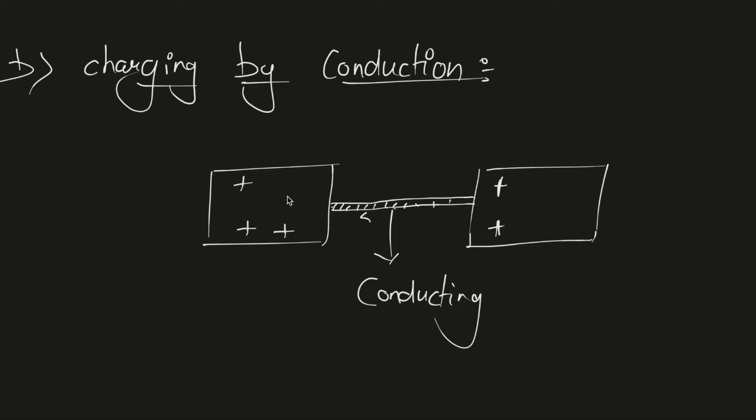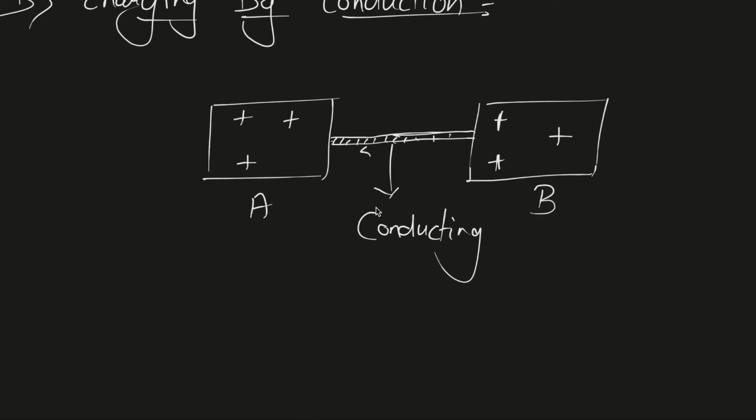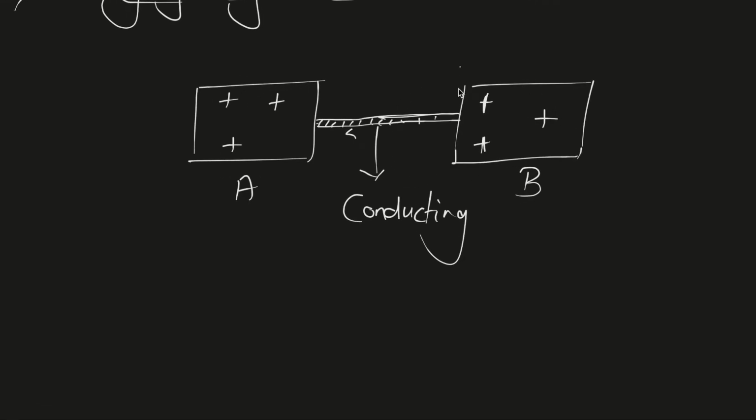This happens until equilibrium is maintained. There were six charges before, and after conduction by the rod, we have three charges on body A, and this is body B. When the equilibrium condition is acquired, the conduction between them stops, and if we remove the rod, we have the body with positive charge.